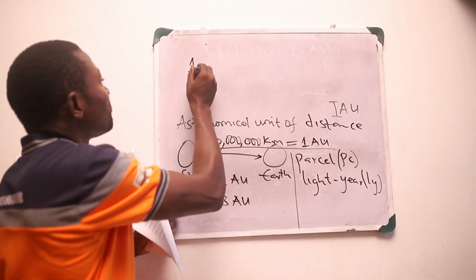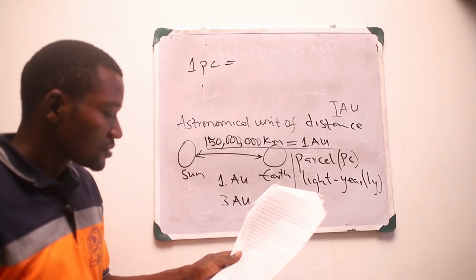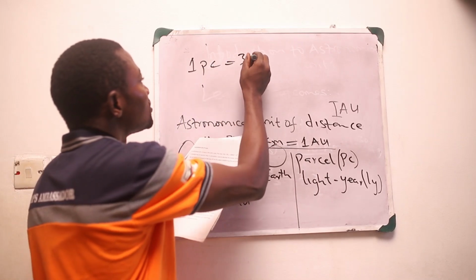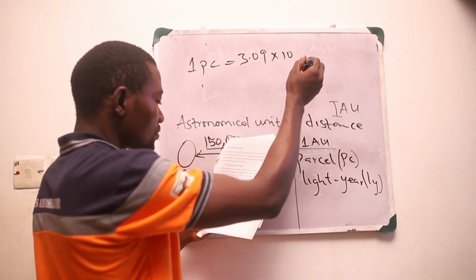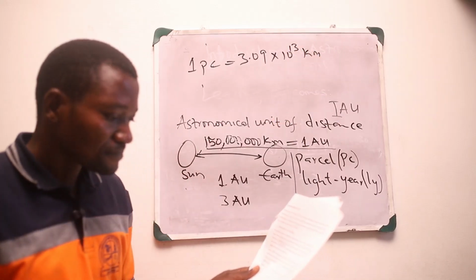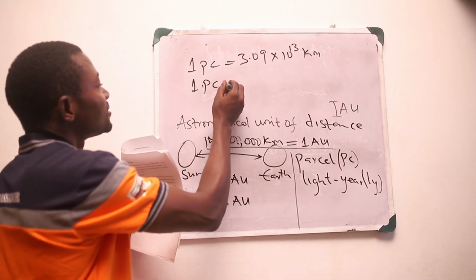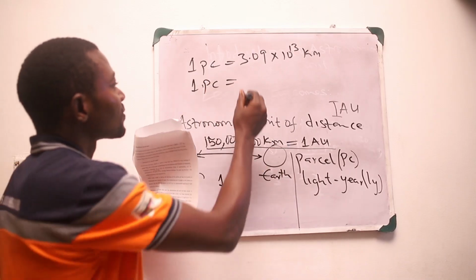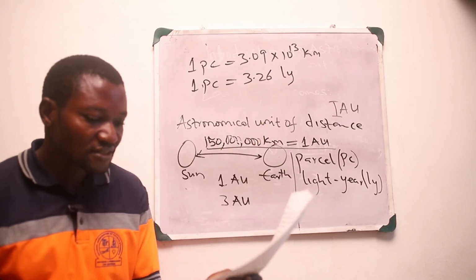We have that 1 parsec is equal to 3.09 times 10 raised to power 13 kilometer. And we can also express parsec in terms of light year, and it's giving us 3.26 light year.